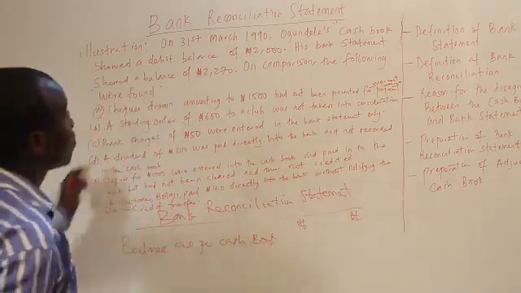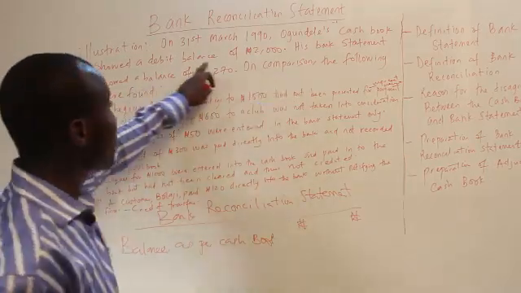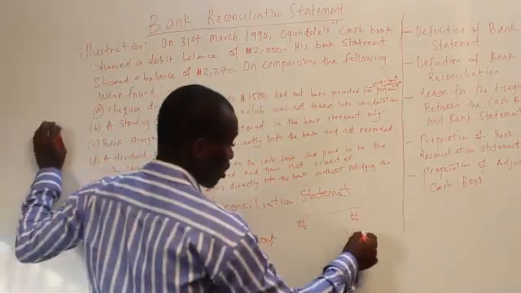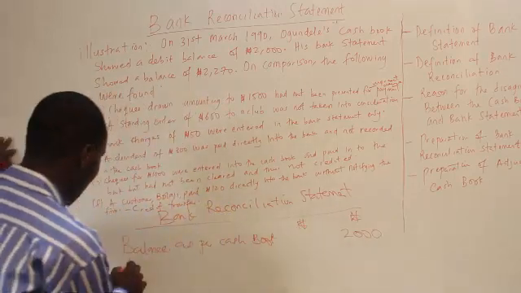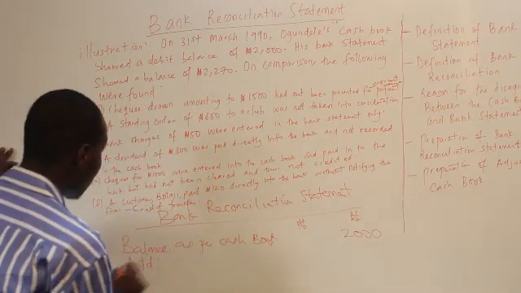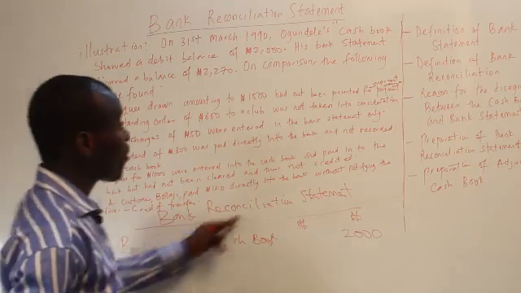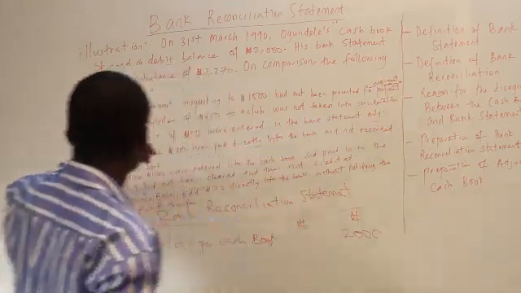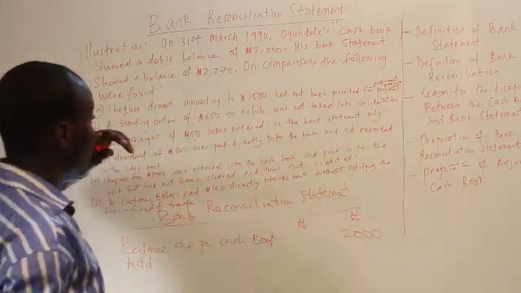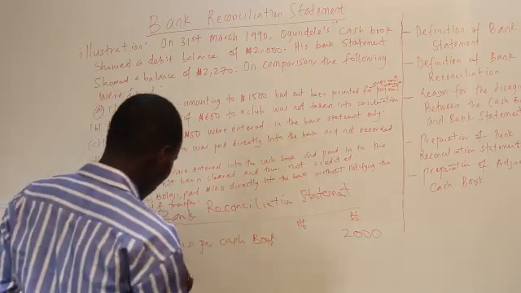In the cash book, we have a debit balance of 2,000. We have 2,000 naira. So we again add unpresented check. Okay, we have unpresented check. A check due for 1,500 has not been presented. So add unpresented check.